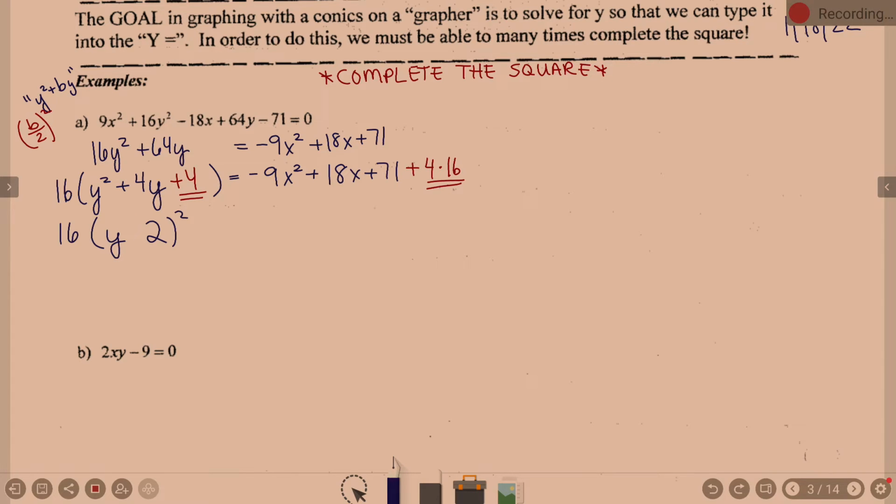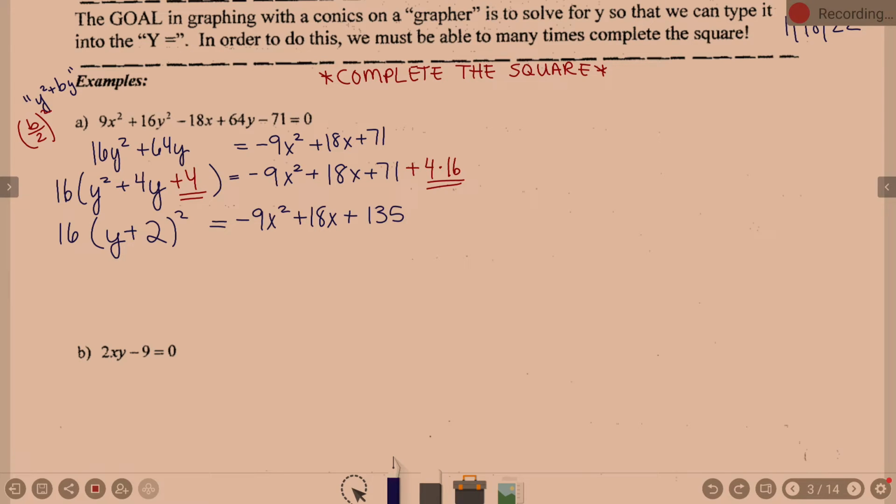That's a plus 4y in the middle, so I'm going to say y plus 2 quantity squared equals, I'm going to clean up my right, it's negative 9x squared plus 18x plus 135, if I recall. 71 plus 64. Yeah. Okay. What's next? Working to solving for that y. I wouldn't take the square root quite yet.